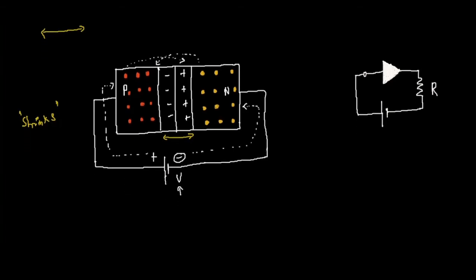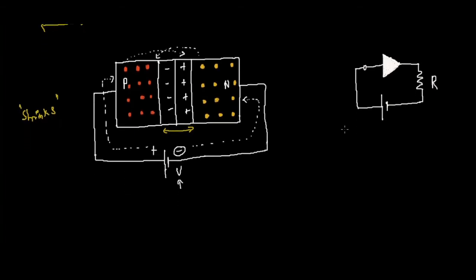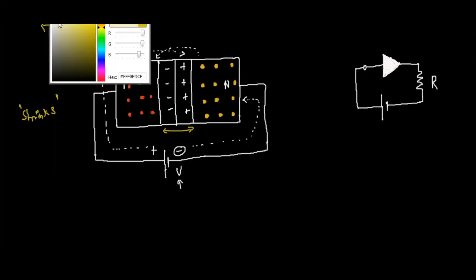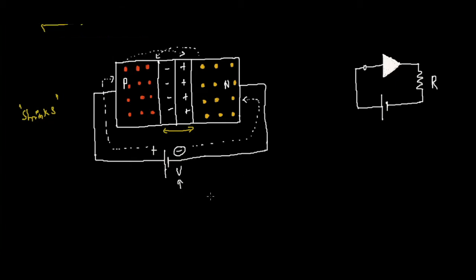Since the majority charge carriers in the p crystal are holes, it may be perceived that the positive terminal pushes the holes in the p side and electrons are pushed from the inside, so the contact potential is reduced. So the majority charge carriers are now free to move.